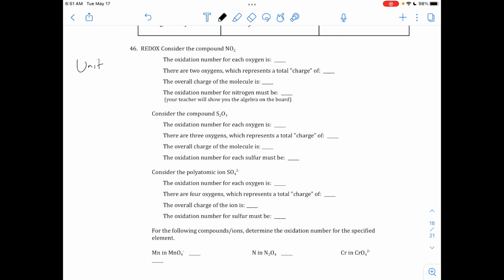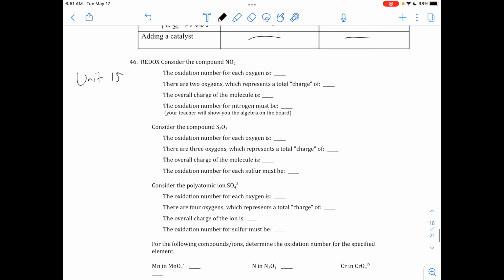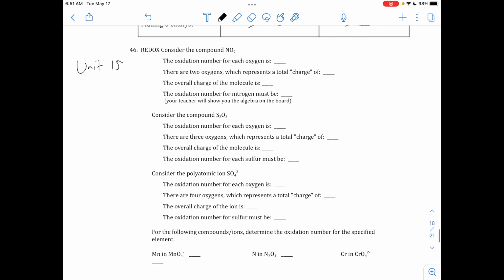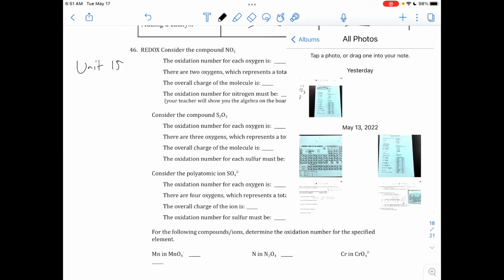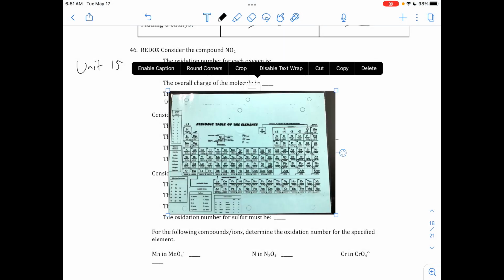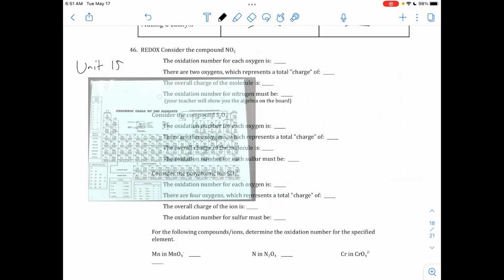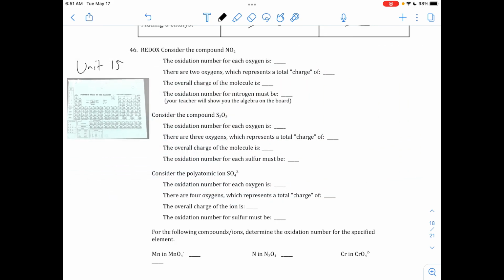Okay, redox. Redox is unit 15. Looking at NO2, we talked about oxidation numbers. We can gather those from the periodic table, from just looking at the charges, the different charges, which are at the top of the periodic table.